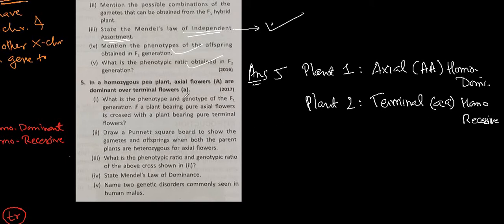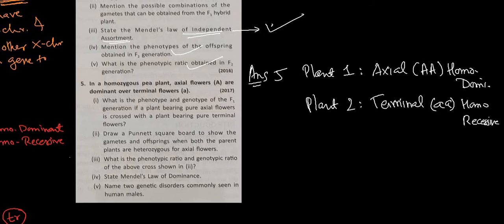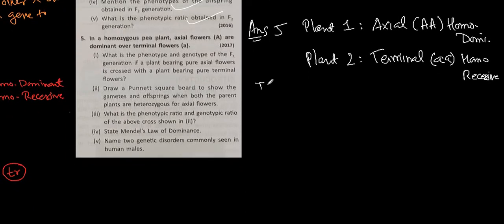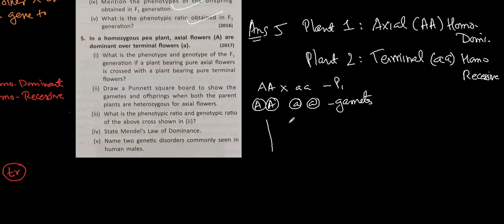Now it says phenotype and genotype. So let me cross it so that you can understand better. Here capital A crosses small a. This is my P1 generation, parent one. Capital A are the gametes. Small a are the gametes. Here you make a Punnett square so you can understand better. Here capital A, small a in all four boxes. This is my F1 generation.